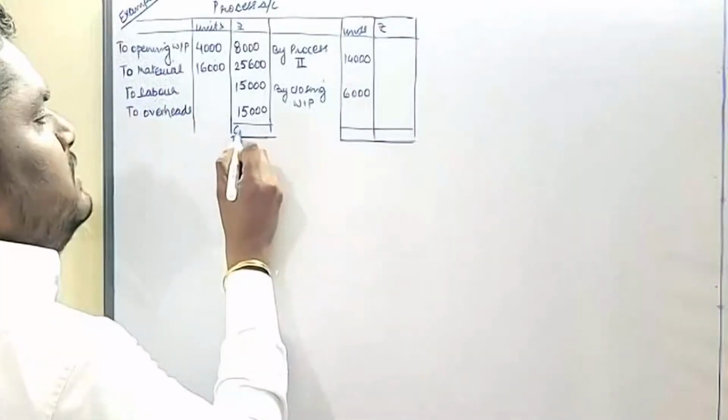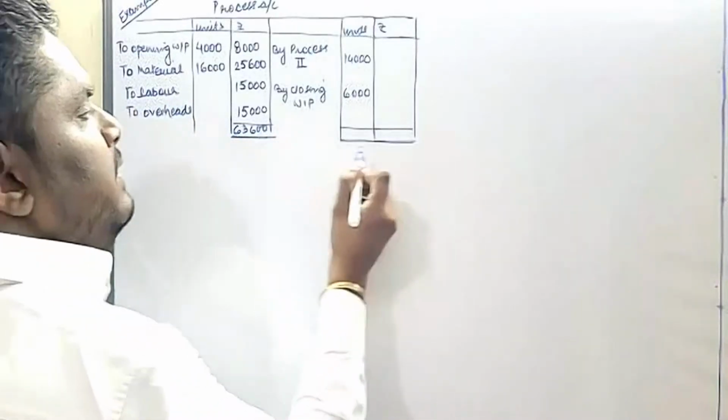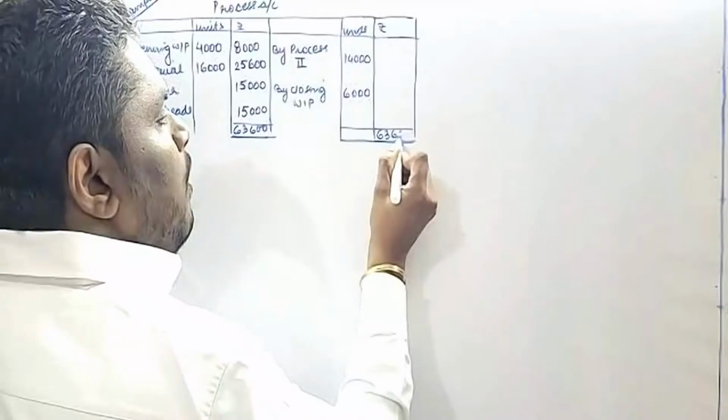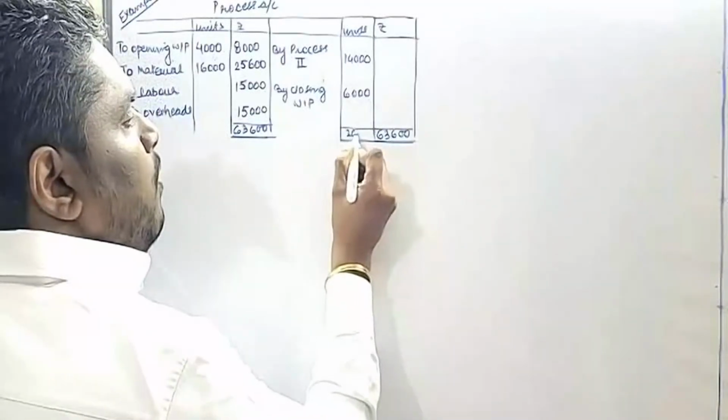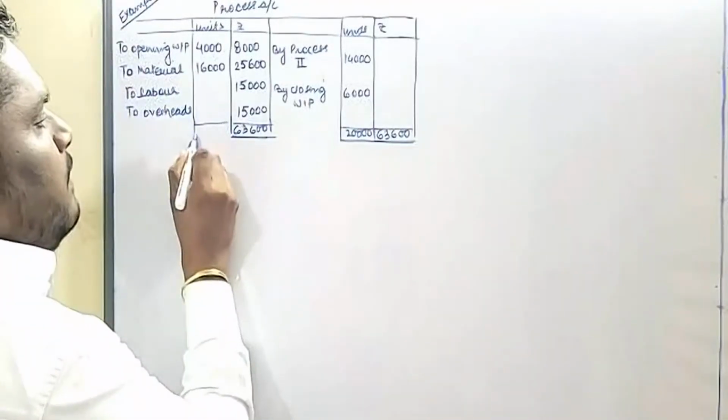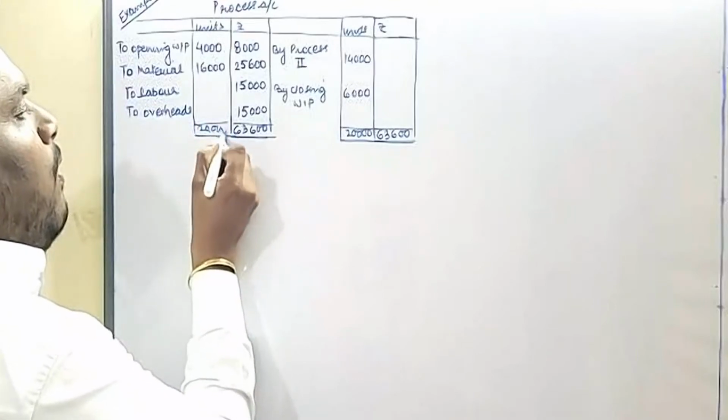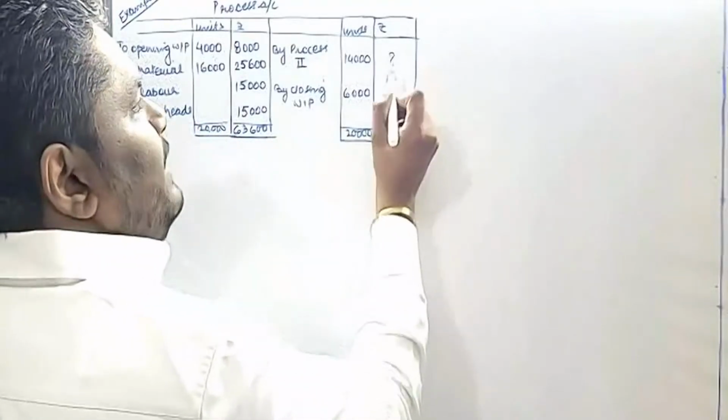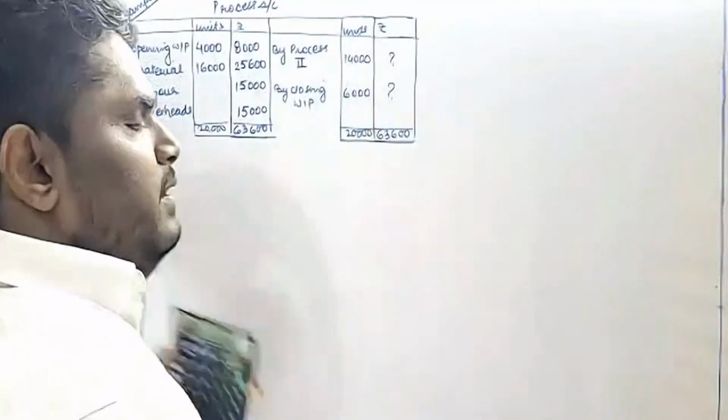My total cost is 63,600. Now we have to calculate the total cost of units transferred and value of work in progress.